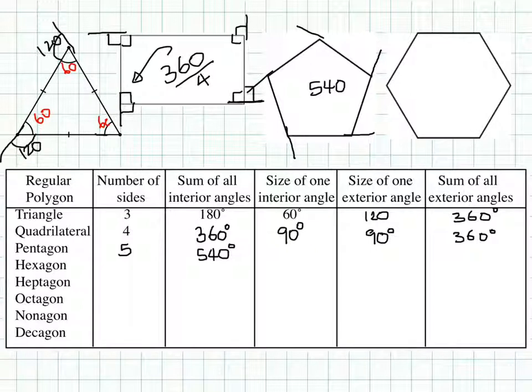The next thing that I need to know is what would be all of my interior angles in that pentagon. Well, it's got 5 sides. It's a regular pentagon, so all of the angles should be the same. I'm going to divide it by 5 because it's got 5 sides. And that tells me that all of my angles inside this pentagon will work out to be 108 degrees.